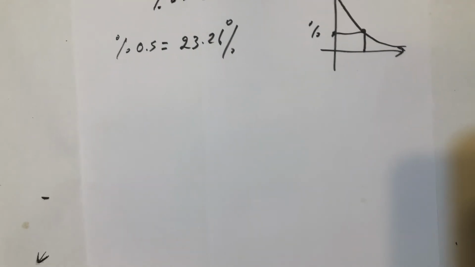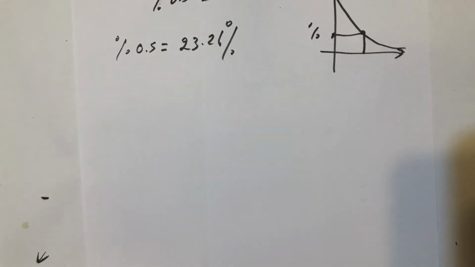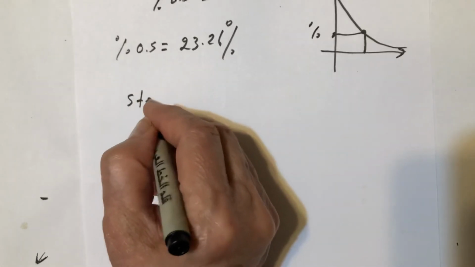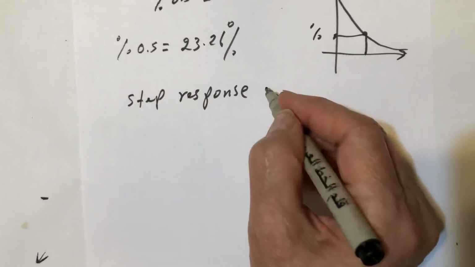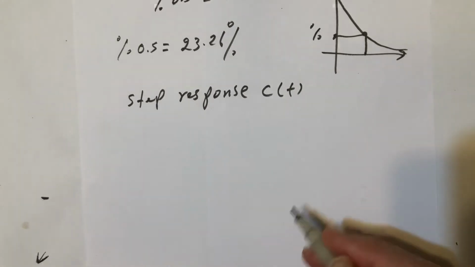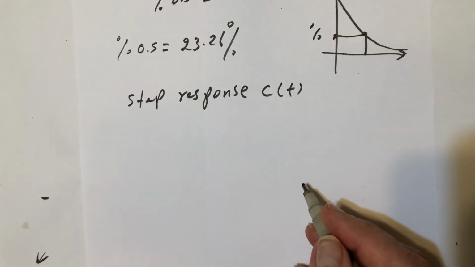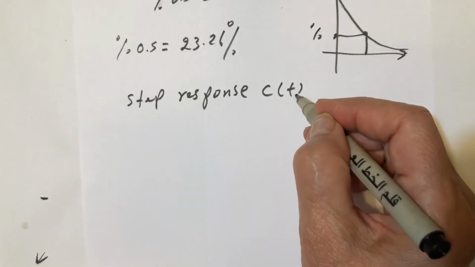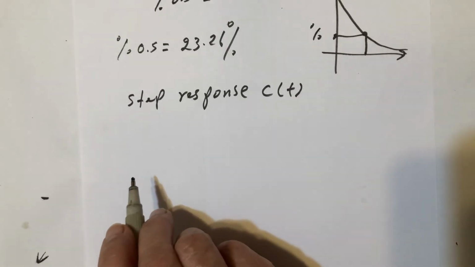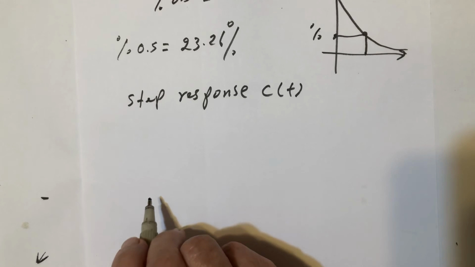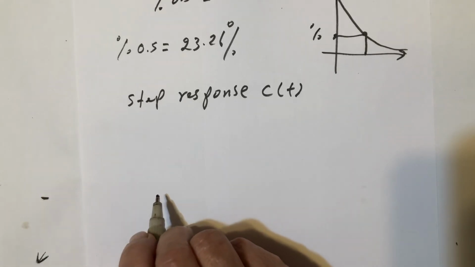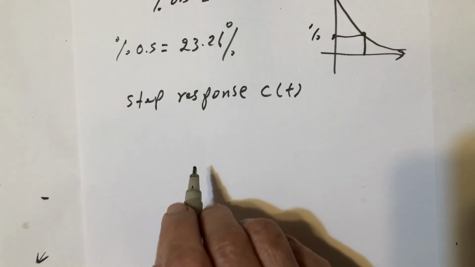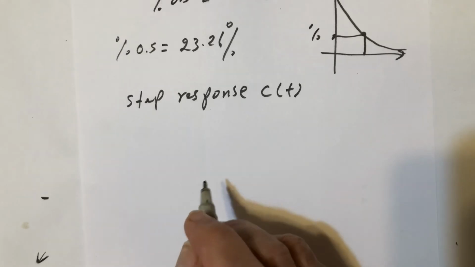Let's now put the expression for the step response, C of t. Because the system is underdamped, I use this expression. As I told you, I solved some questions in class for this type of system, and when we have underdamped, overdamped, or critically damped, we solve by partial fractions, and we have an expression.